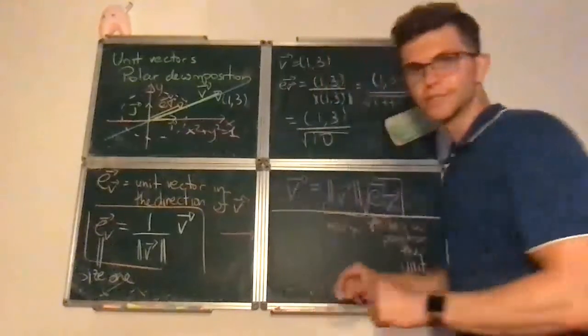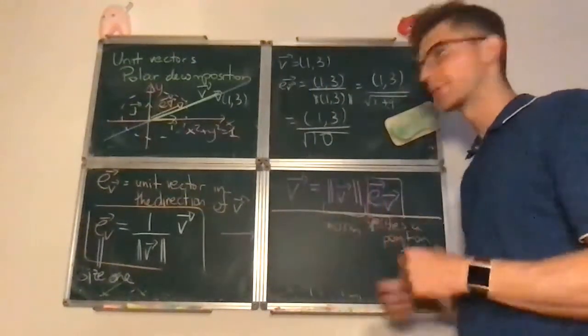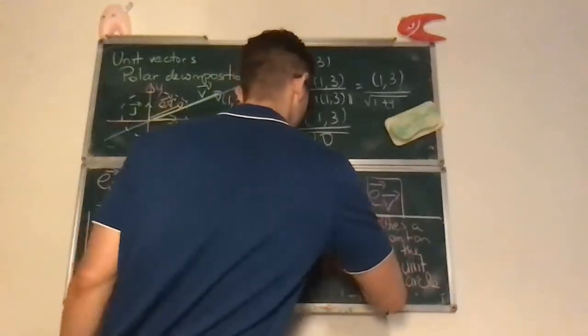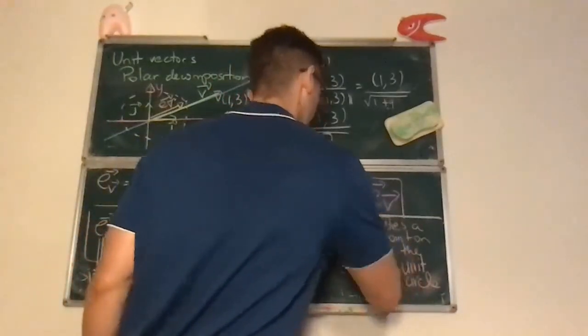And so this is precisely the vector reinterpretation of the formula z equals r times e to the i theta, if you remember complex numbers.